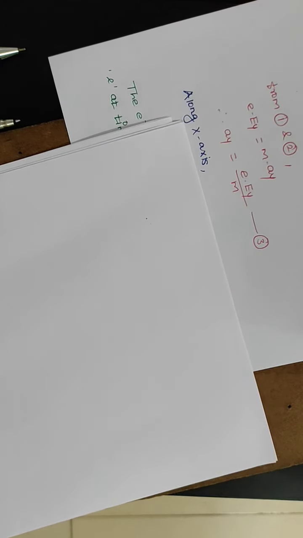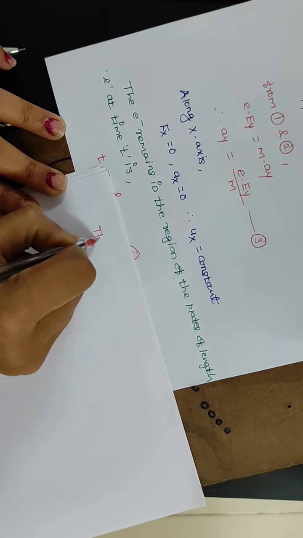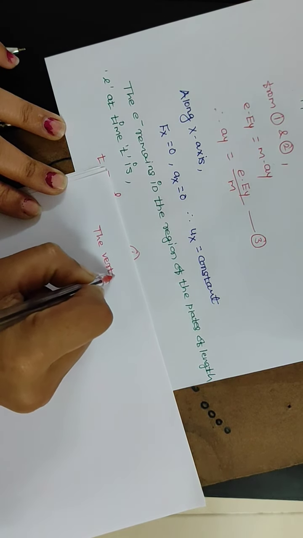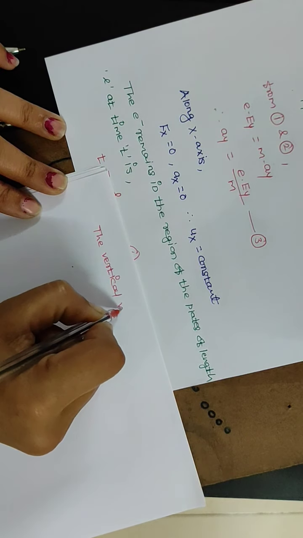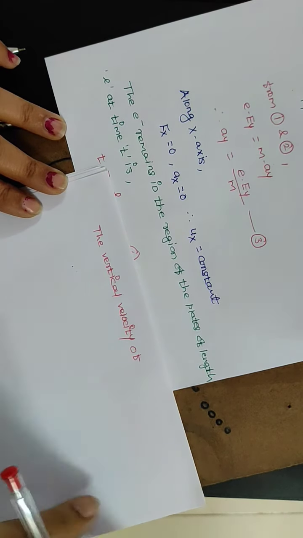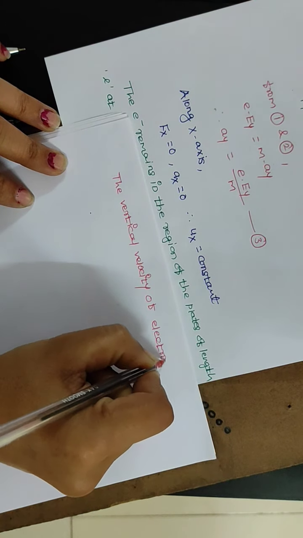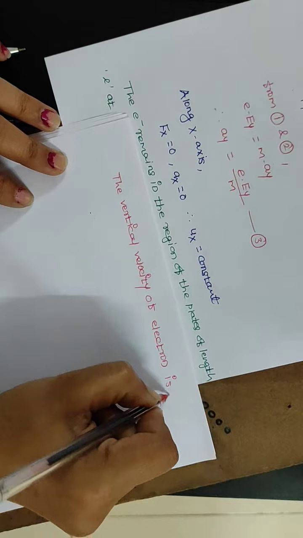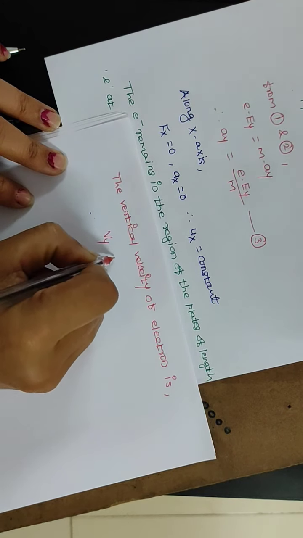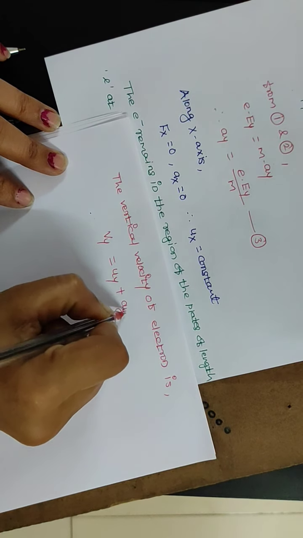Now, after equation 4, the vertical velocity of the electron is vy is equal to uy plus ay into t.